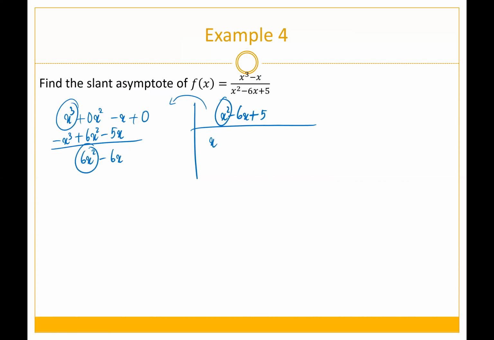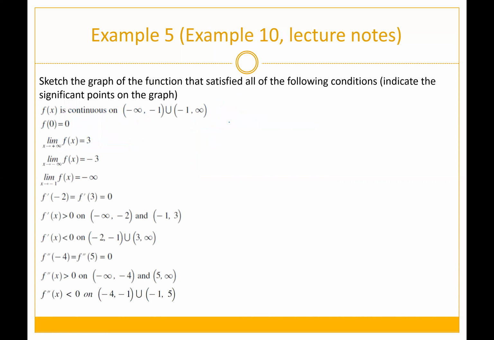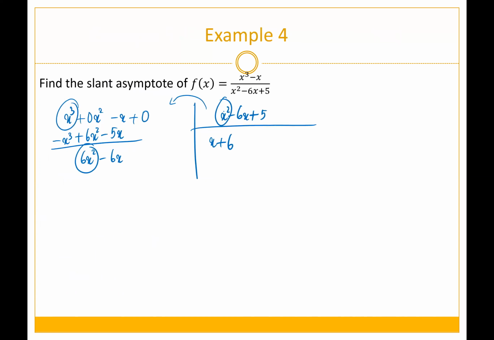The highest power here and here is divisible: 6x squared divided by x squared gives us plus 6. Then you multiply back again, which gives negative 6x squared, negative 36x, plus 30, so you change signs: plus 36x, negative 30. So it gives us 30x minus 30.